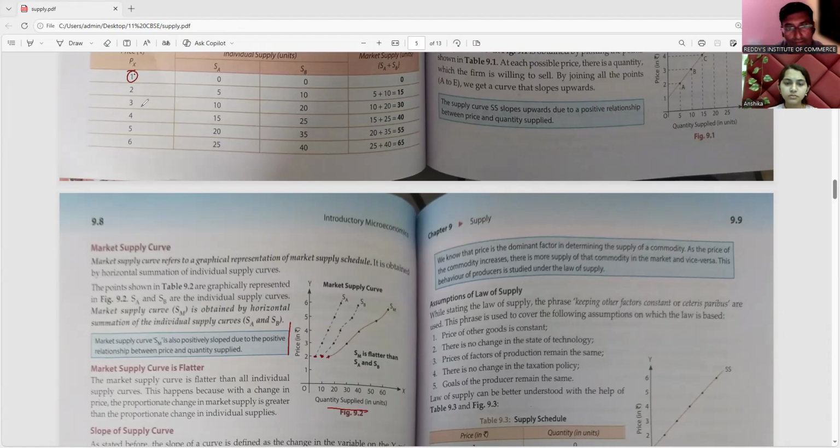But when the price is 2, individual 1 supplies 5 units, individual 2 supplies 10 units, and total market supply was 15 units. Now, when the price was 3, S1 supplies 10 units, SB supplies 20 units, and total supply was 30.